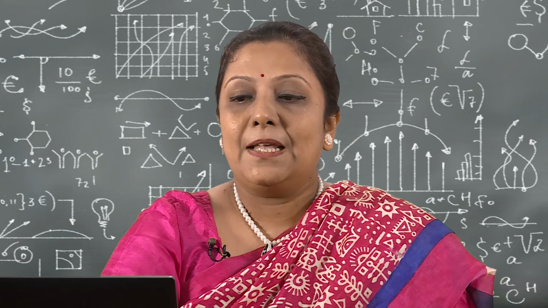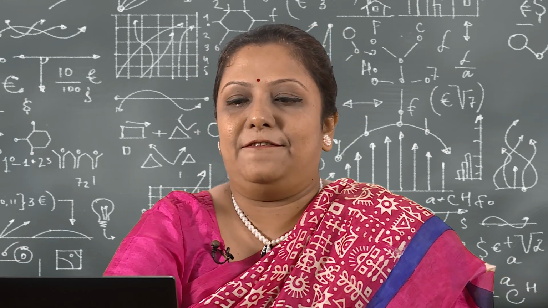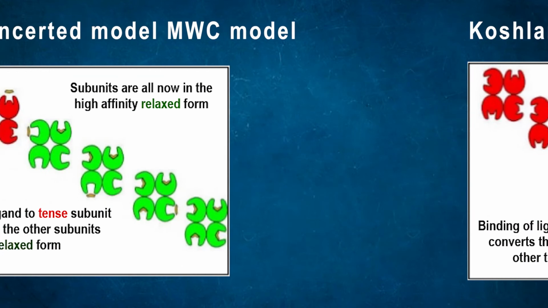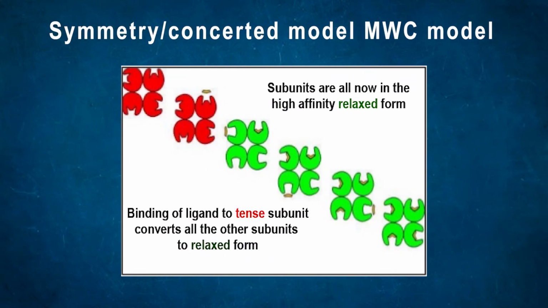Now the mechanism of regulatory activity. In the sequential model proposed by Koshland, subunits undergo individual sequential changes in conformation. Intermediate conformational states are found. But in the symmetry model proposed by Monod, the binding of the first substrate increases the tendency of the remaining subunits to undergo transition to high affinity, an all-or-none effect.